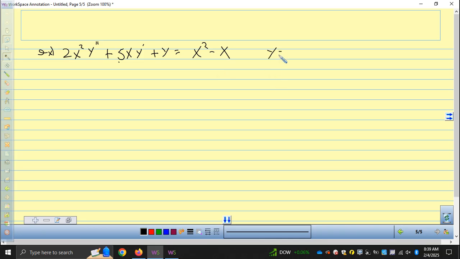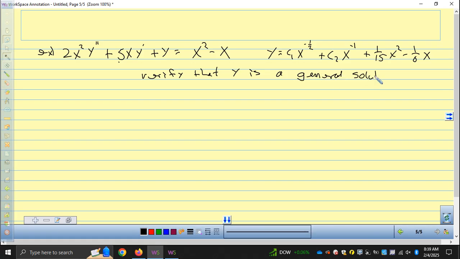And I'm going to say y equals c1 x to the minus 1/2 plus c2 x to the minus 1 plus 1/15 x squared minus 1/6 x. We want to verify that y is a general solution on 0 to infinity.